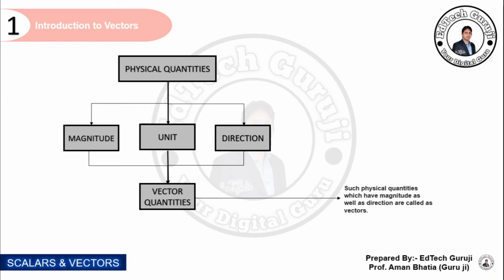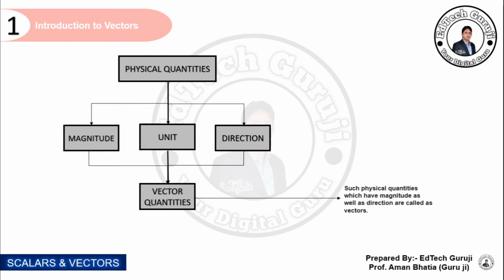For example, a very simple example, we have force. When you say apply a force, the first question that comes is, in which direction do I have to apply the force? If there is a door which is to be opened, the question comes to your mind whether it has to be pulled or pushed. This pull and push itself is nothing but a sense of direction.